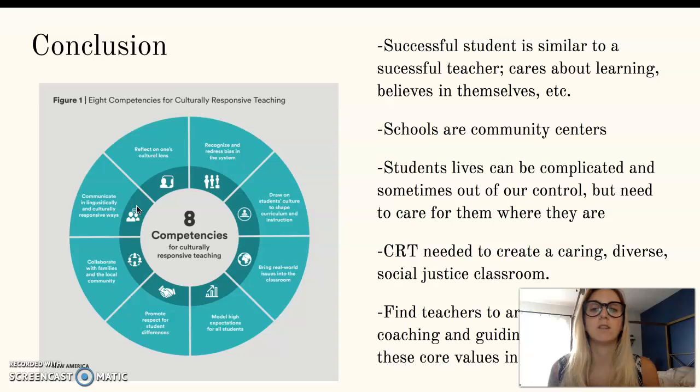So everything that you as a teacher bring is what you should expect for your students to bring. So if you are not showing up, if you do not care about furthering your own learning, then why would your students? And that was very powerful to me, and something that I know can be very hard for a lot of teachers.